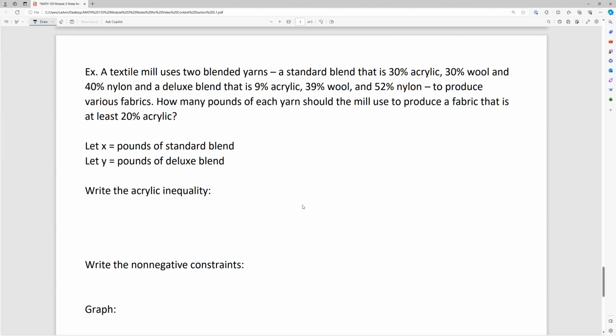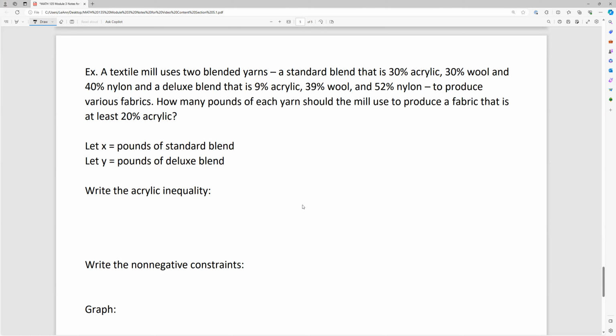How many pounds of each yarn should the mill use to produce a fabric that is at least 20% acrylic? First of all, what are our X and our Y? If they're asking how many pounds, that means how many pounds of the standard blend and how many pounds of the deluxe blend did they use.